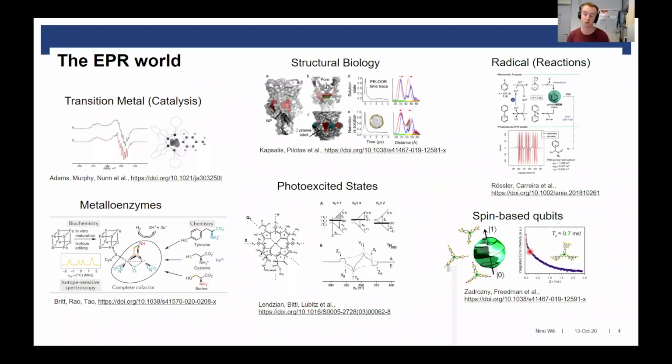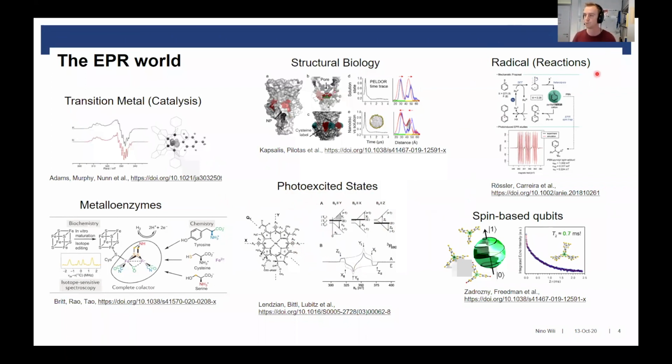But of course, many things that have nuclear spins don't have electron spins, so you cannot look at everything, but there's actually a lot. You can look at transition metals, either in catalysis, in inorganic systems, or in metalloenzymes. You can introduce labels to proteins for structural biology. Some photoexcited states have a net spin, for example a triplet state, where you have funny effects from the populations because they are not Boltzmann populations.